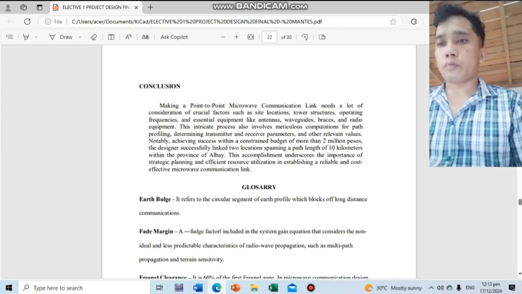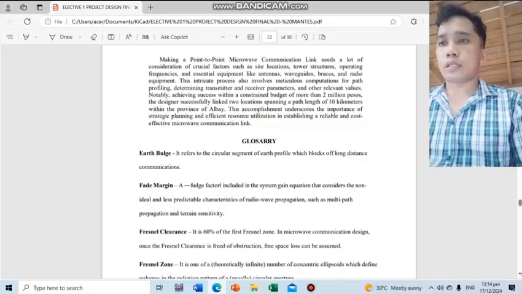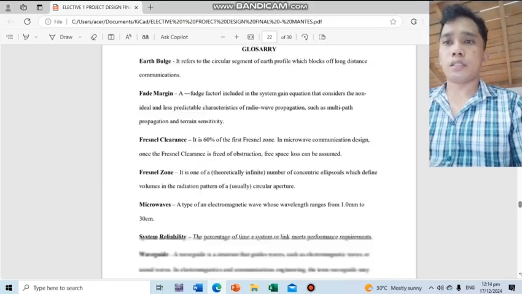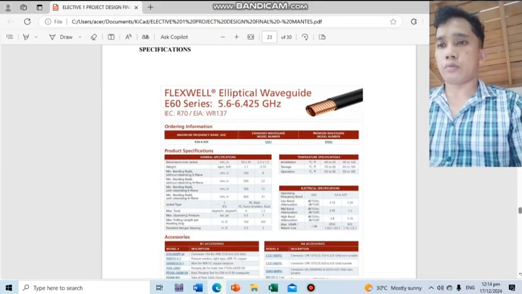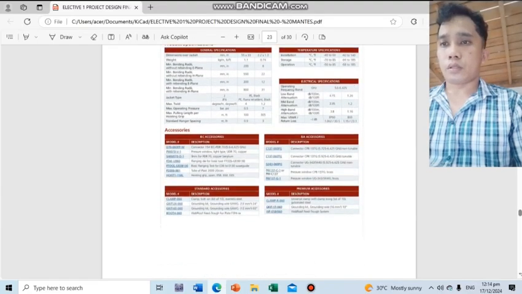This intricate process involves meticulous computation, path profiling, determining transmitter and receiver powers, and other relevant values. The budget is constrained to more than 2 million pesos. The design links a community over a path of 10 kilometers through strategic planning. For the specification, I've used the flexible elliptical waveguide and the data sheet provided here in order to determine the power.